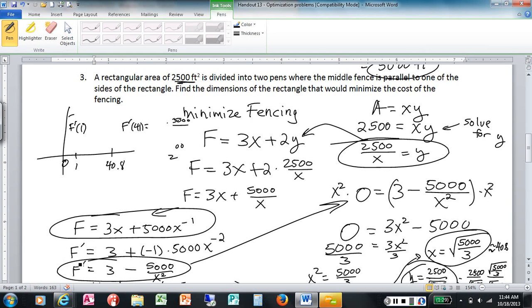On 41, I'd have 3 minus 5,000 over 41 squared, which is about .02.